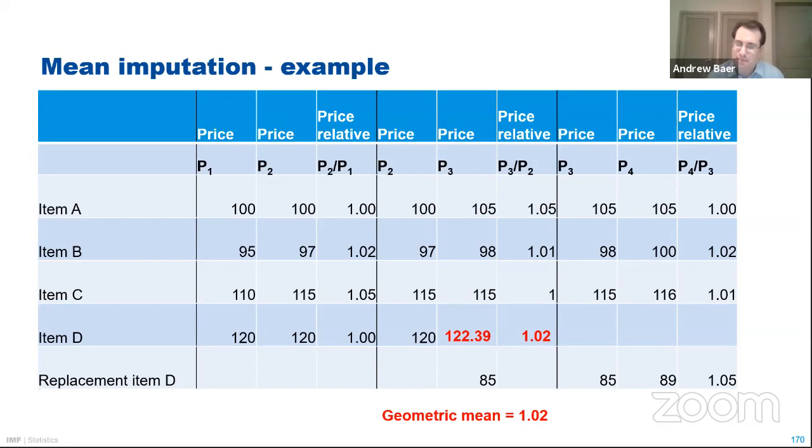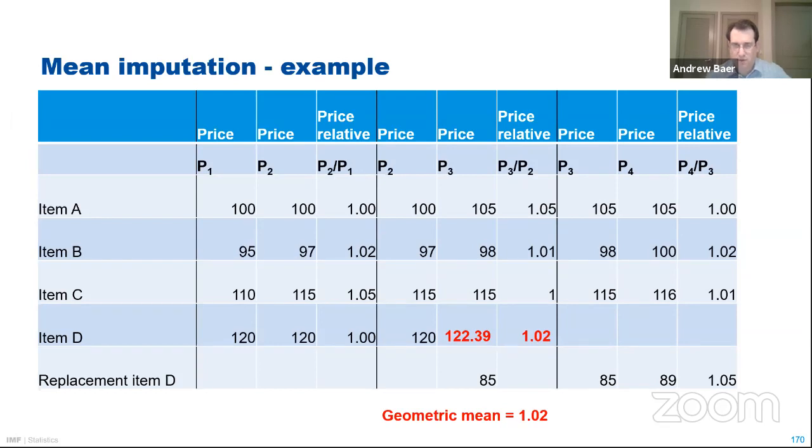And that is the exact same method we use when an item goes missing, when a factory closes. When I showed you before the method we use when the factory closes, we don't assume no change for the factory. We assume that its prices are moving at the same rate as the other items in the aggregate. So here, by using this mean imputation method, we again are going to assume that the price for item D, which we can observe, right?